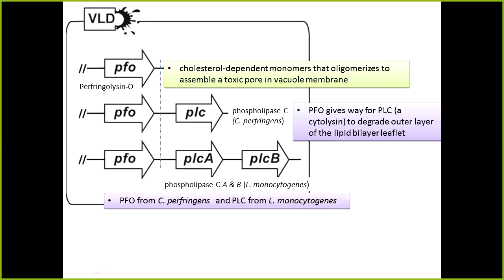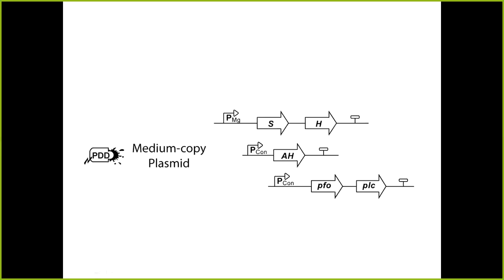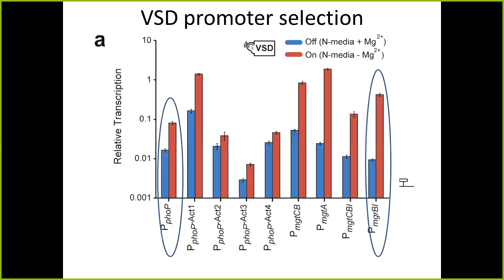They use two of them: PLC from one species and PLC from Listeria monocytogenes. That's not important.